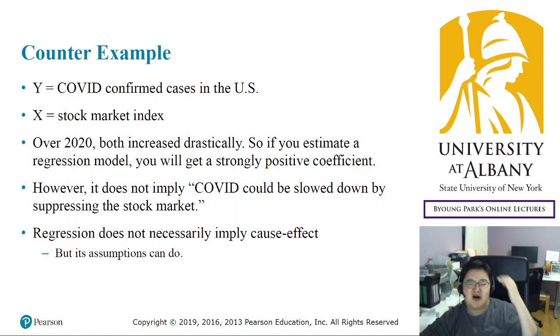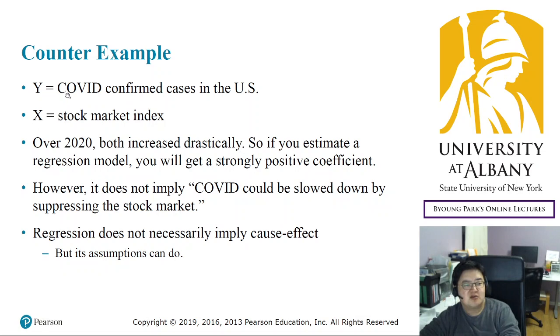But there are other examples where people cannot tell the difference, making too strong conclusions using cause and effect terms. In this case, I will explain this relationship in this way.